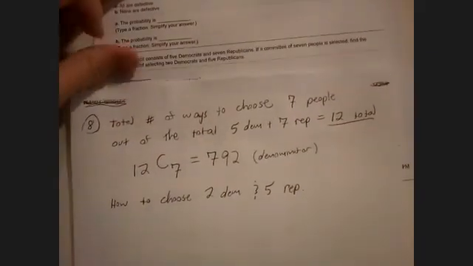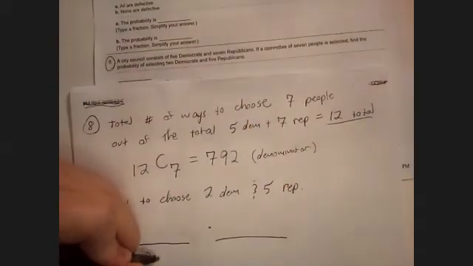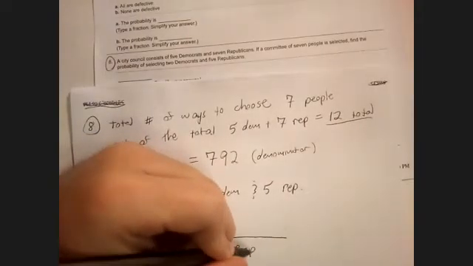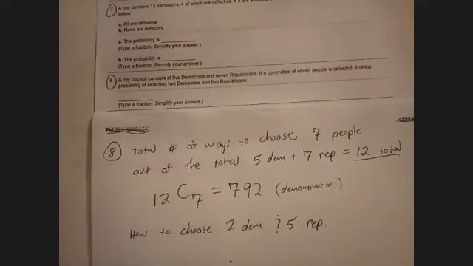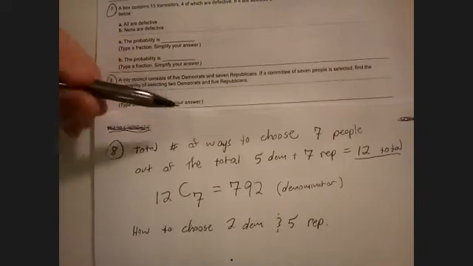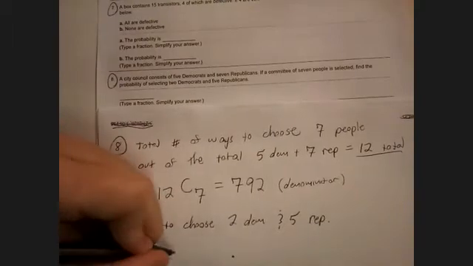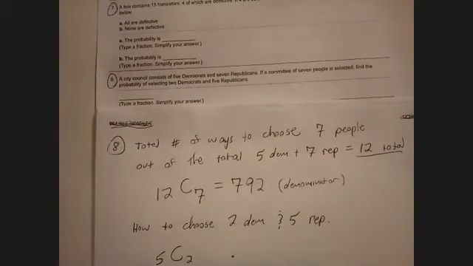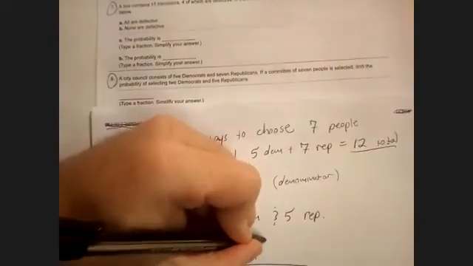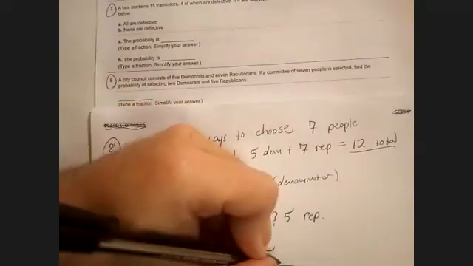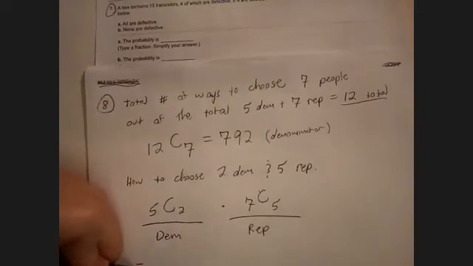Here's how we do that. This is another problem with combinations. If I look at the question again, I need to choose 2 Democrats out of a total of 5 Democrats, so 5 choose 2. And for the Republicans, I have 7 Republicans, so 7 choose 5.